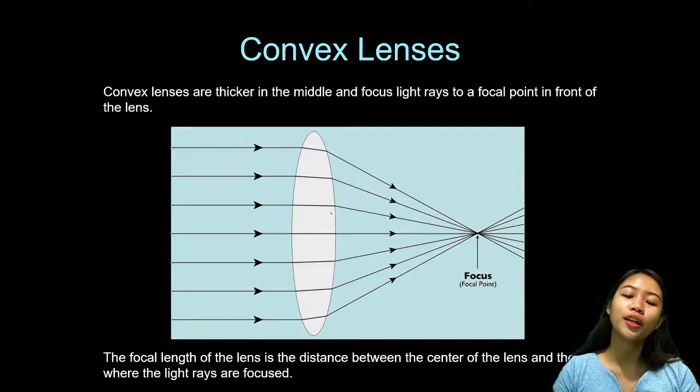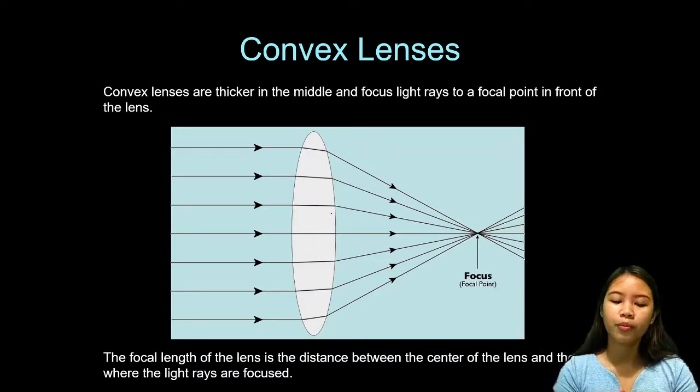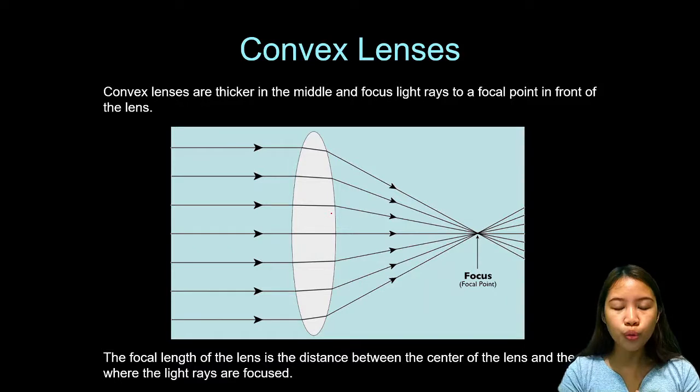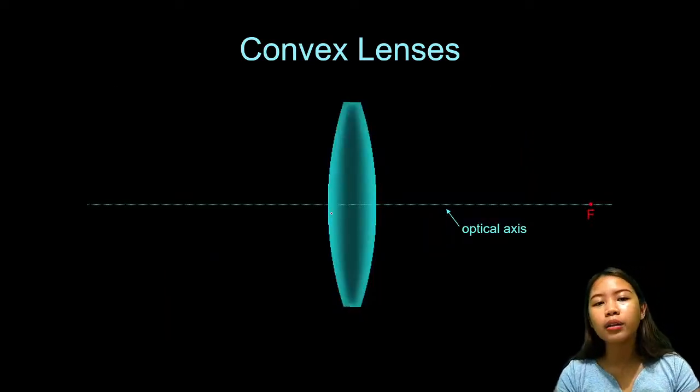So, we're using here a convex lens. In convex lenses, always remember that the light rays are converged or come together. They are converging. Okay. So, let us take a look at how light rays enter the convex lens.